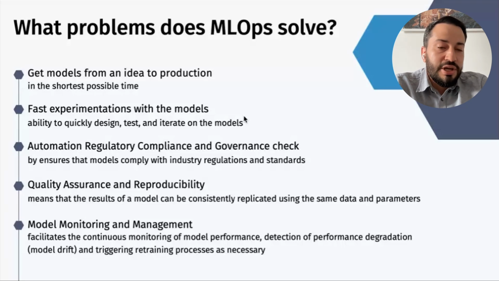Also data can change, and we need to adapt our model all the time to work with new sources of data and new business requirements, and we can improve this process with MLOps.